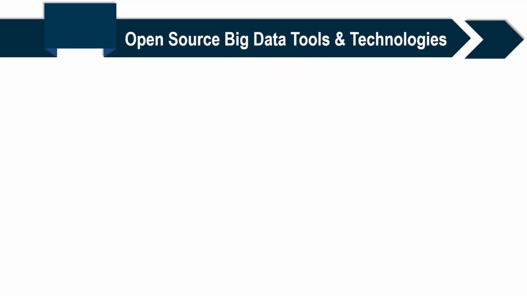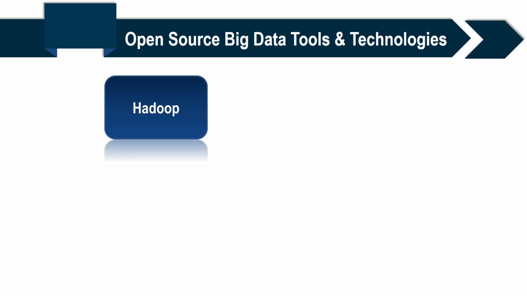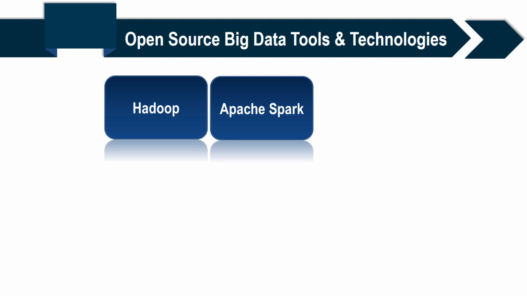There are many tools and technologies that are available. I have listed down 9 of them. Starting with Hadoop, we'll spend more time on this technology because we have seen large scale adoption of Hadoop in the industry. Apache Spark, which is overcoming some of the drawbacks of Hadoop and providing a general purpose computing platform, we'll also spend a little bit of time on that.